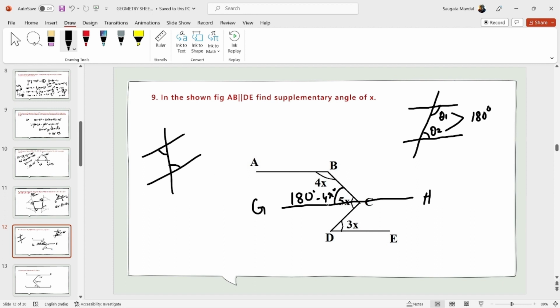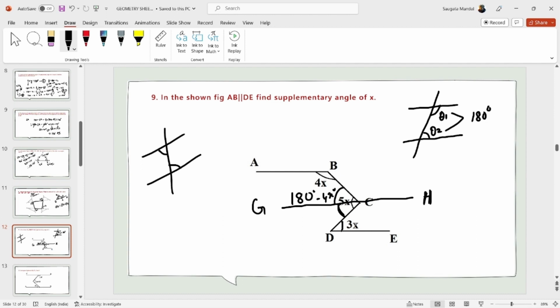So in the diagram, GH and DE are parallel to each other and CD is transversal. So this angle and this angle are equal to each other. They are alternate angles to each other.